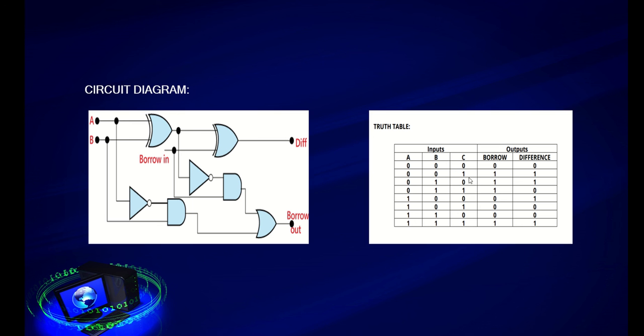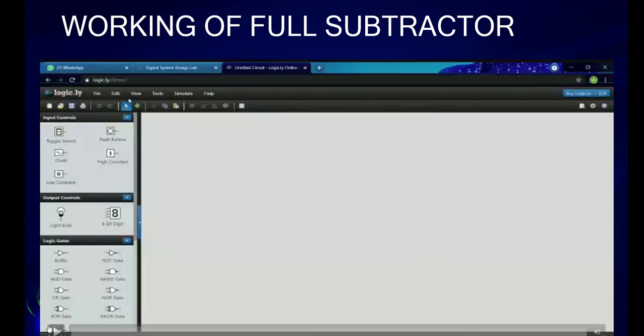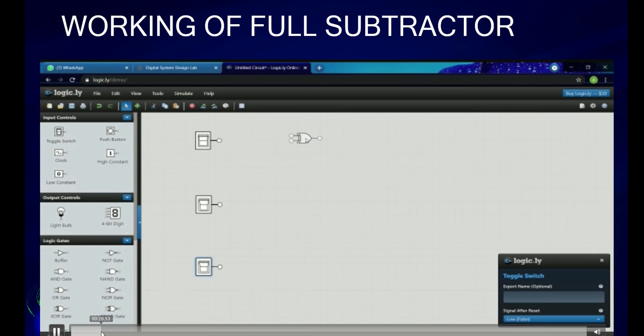For borrow, 001, 010, 011 and 111 give output as 1 in borrow. And let's mark those input values and 1 in the corresponding places, and we'll group them, and the Boolean expression we get is borrow is equal to A'B + BC + A'C. And let's see the working of full subtractor.